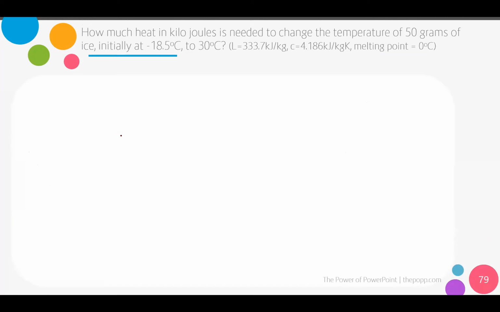But first, gaya ng sabi ko, solve muna natin yung heat absorbed ng ice from its initial temperature, which is negative 18.5 degrees Celsius, up to its melting point, which is 0 degrees Celsius. So since there is a change in temperature, ang gagamitin natin is a specific heat equation, which is mass times specific heat times the delta T. Okay?